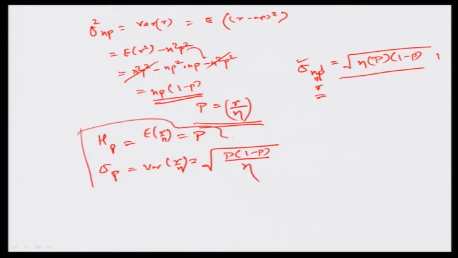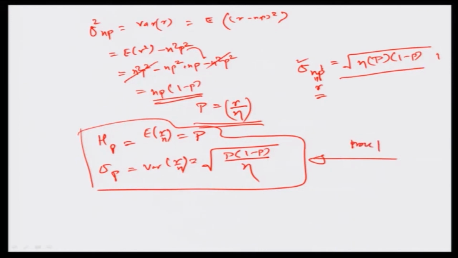And I would really like to leave it to the audience to prove for themselves using a similar approach as has been used in the case of the expectation of r or variance of r. So that is about it.